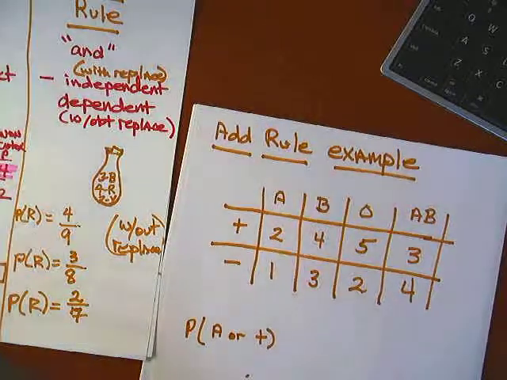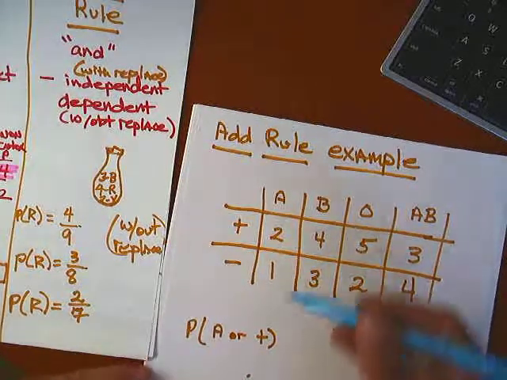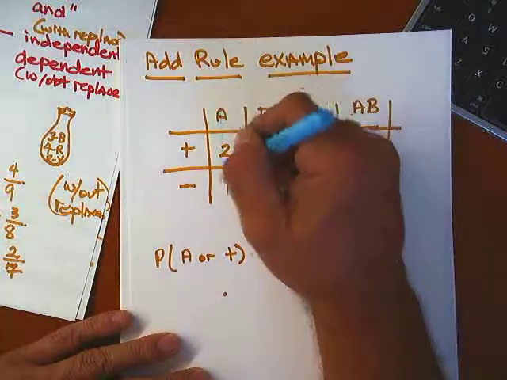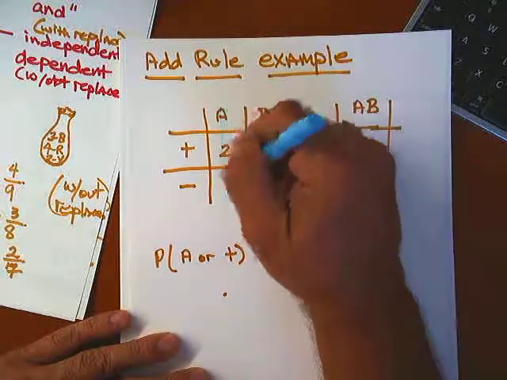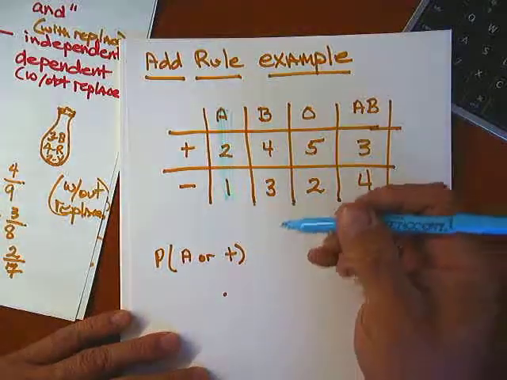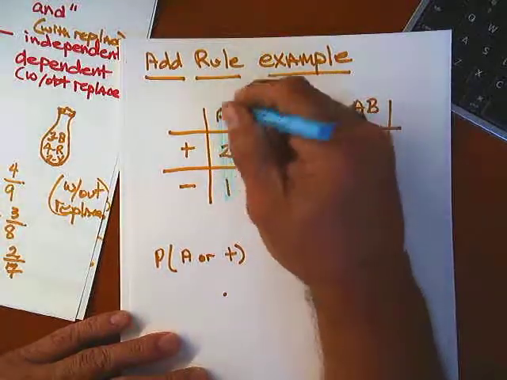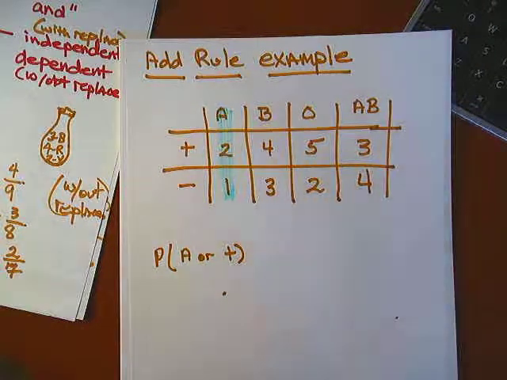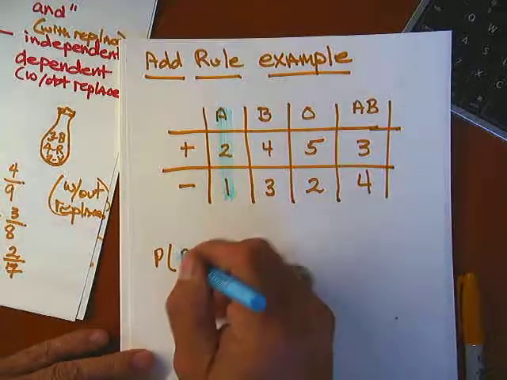Okay? And I want to find the probability of A or positive. A or positive. Or means additive law. Okay, additive law. So I'm going to make my A the blue.